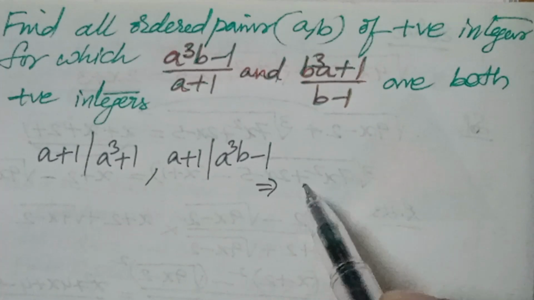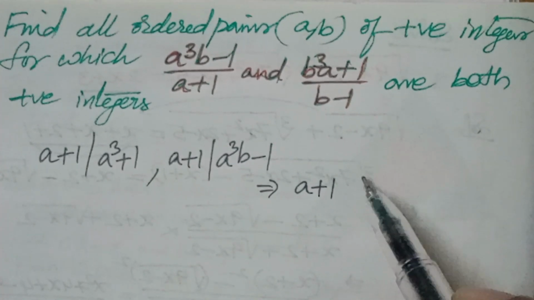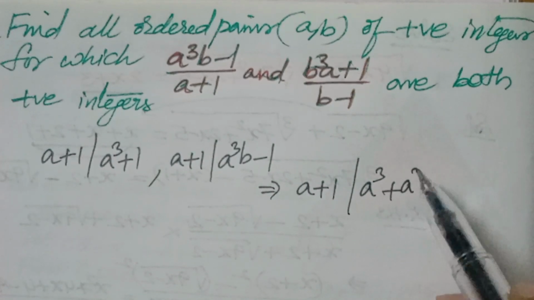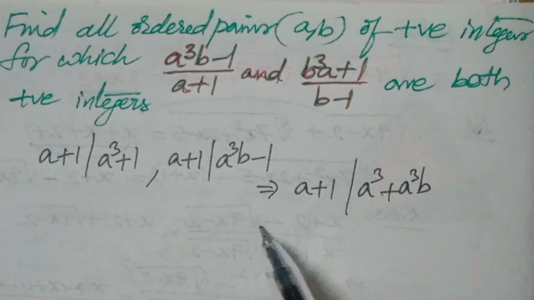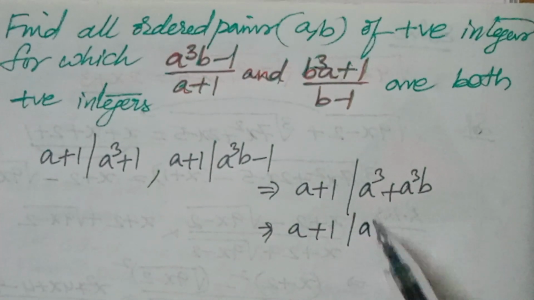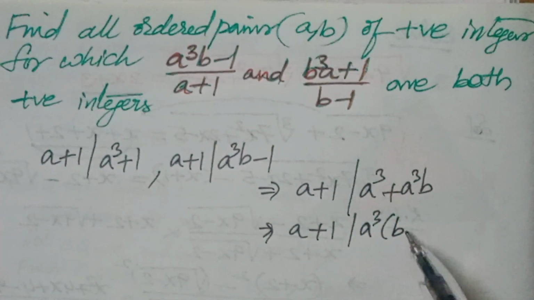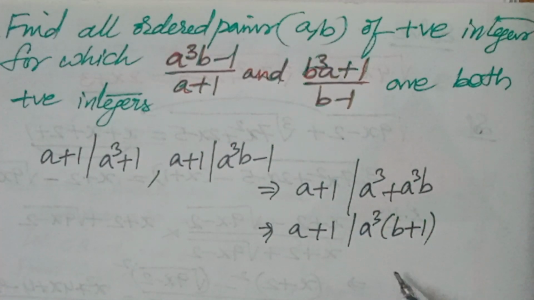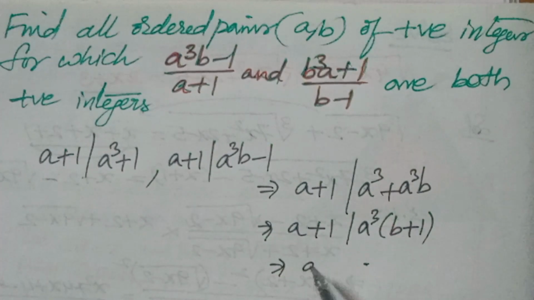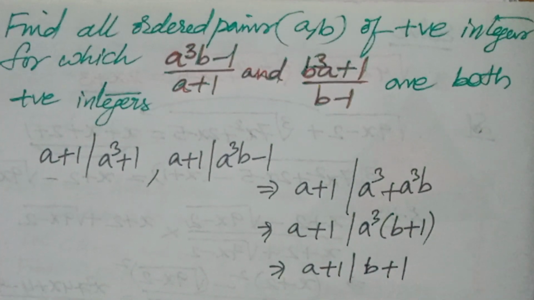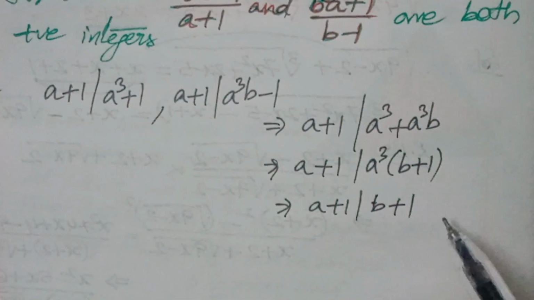From this you can write a + 1 divides a³ + a³b. That implies a + 1 divides a³(b + 1). So from this you can write a + 1 divides b + 1. Let it be 1 now.